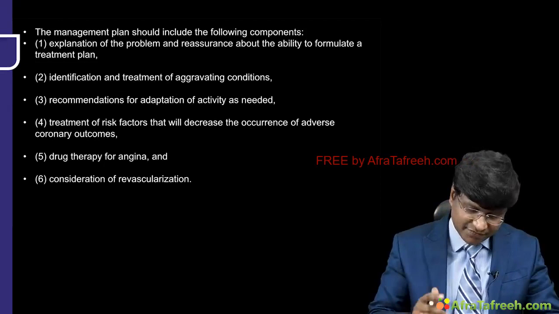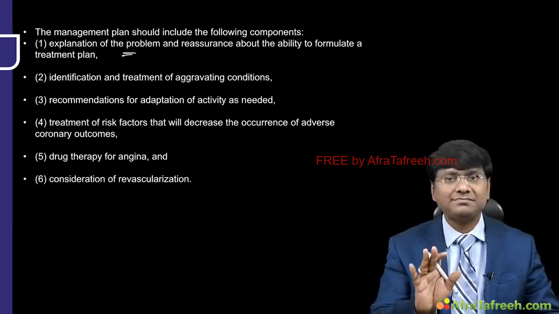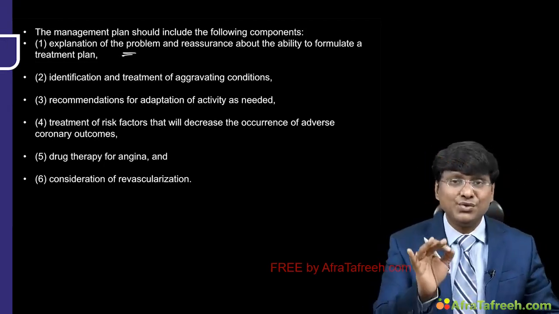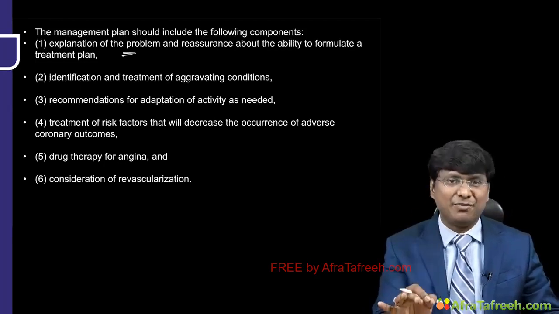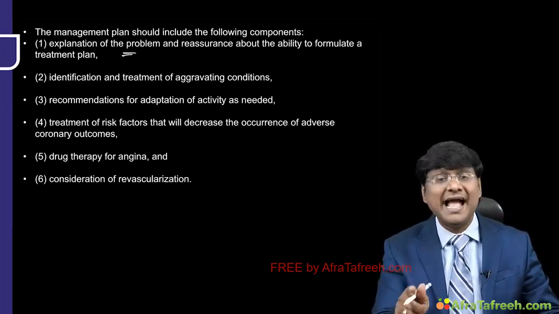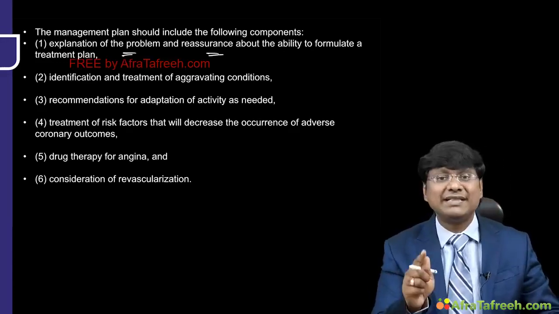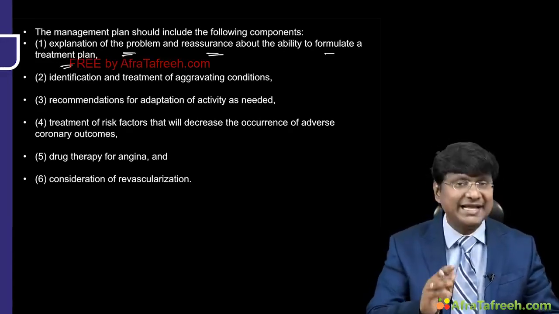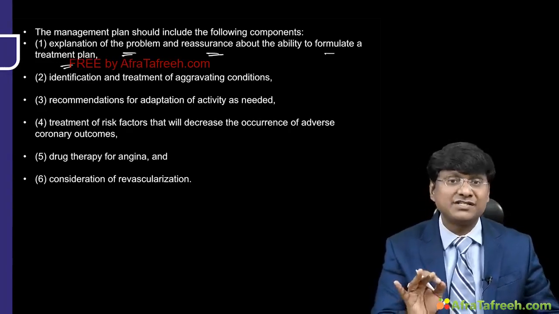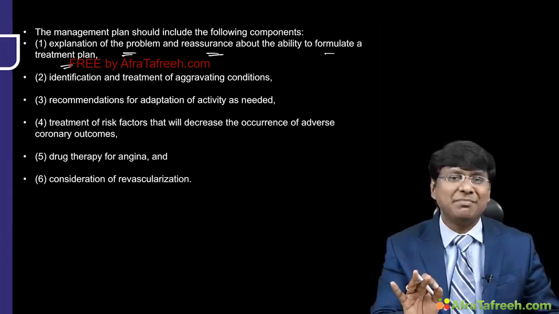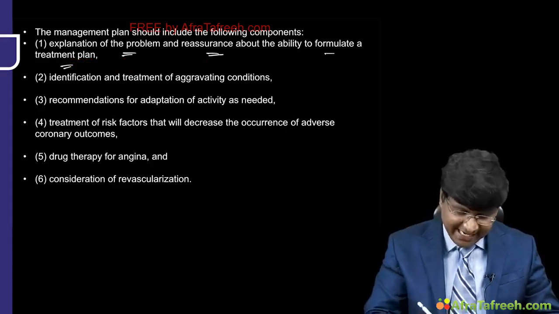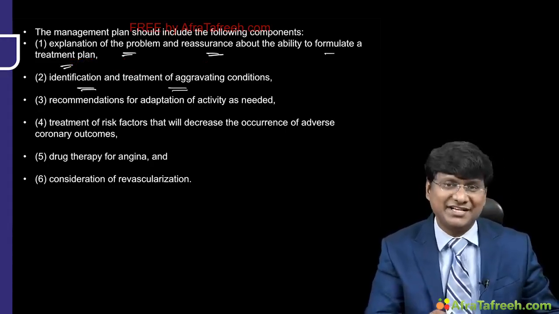In the treatment of stable angina pectoris, first and foremost, you should be able to explain the problem to your patient, and you also need to give reassurance about the ability to formulate a treatment plan. So first is patient education about the disease. Second, identification and treatment of the aggravating conditions.